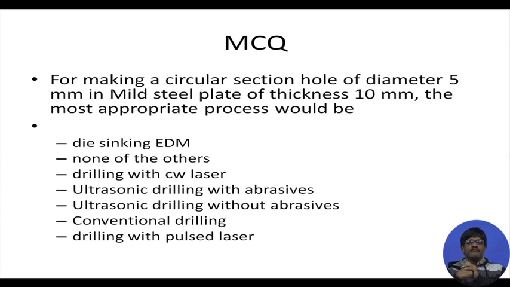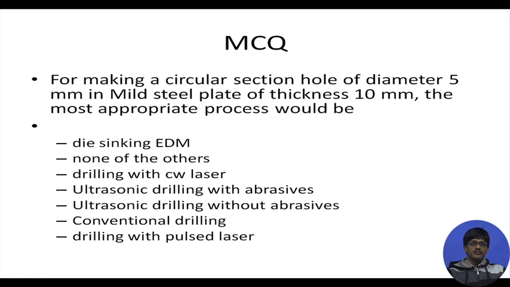Let's see. For making a circular section hole, I'm basically making a hole which has a circular cross section of diameter 5 millimeters in mild steel plate. Mild steel means that the carbon percentage is around 0.2% perhaps. Mild steel plate of thickness 10 millimeters.